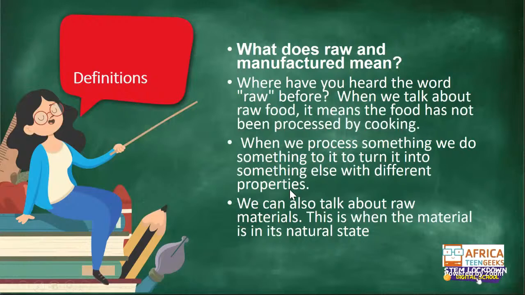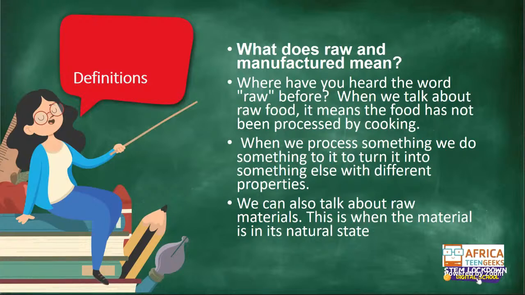And then moving on, we can also talk about raw materials. This is when it's in its natural state, the way it's found naturally. Nothing was done to it, nothing was changed on it. So it means that it's in its natural state, has not been processed at all.